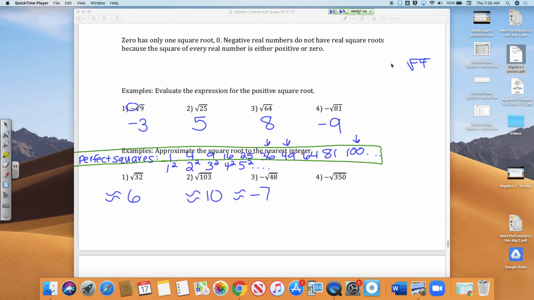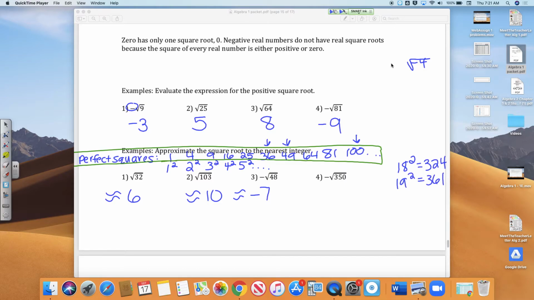All right, in the last one, we would have to keep going on with this list here to determine the perfect squares for a number this big. So I can tell you that 18 squared is 324, and 19 squared is 361.